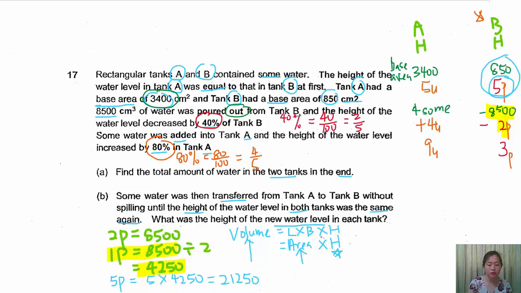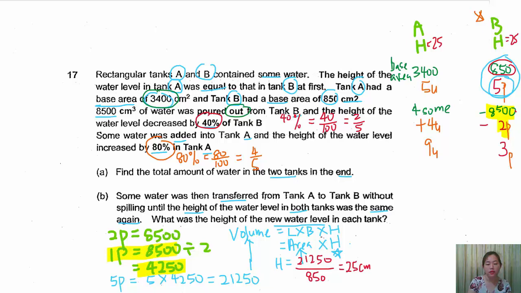Since this is 21250, we can now find the height, which is equals to 21250 divided by the base area, which is here. Please do not use this number and confuse yourself. So if we divide it by 850, it's equals to 25 cm. So this is actually equals to 25 cm, and so this is also equals to 25 cm.